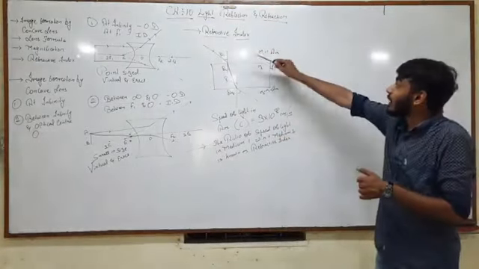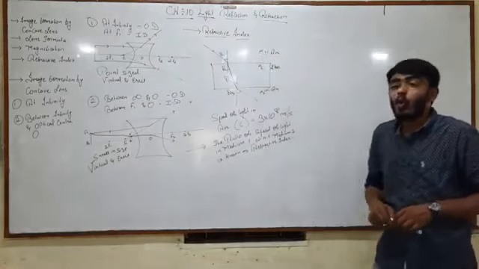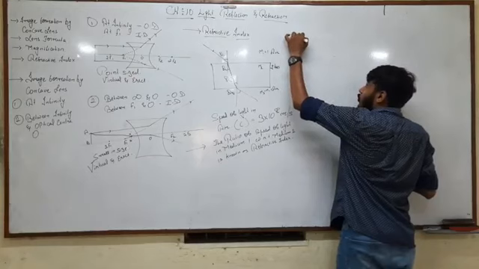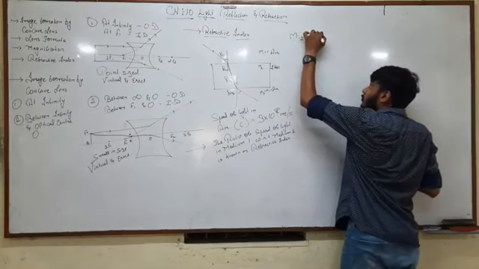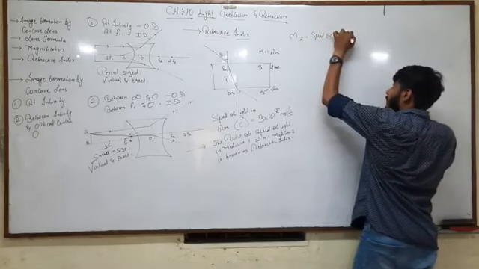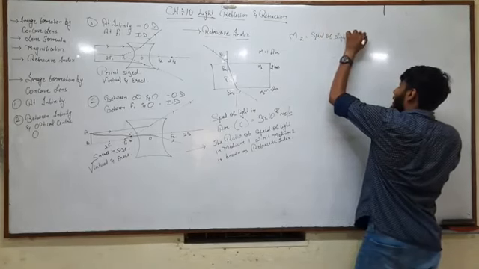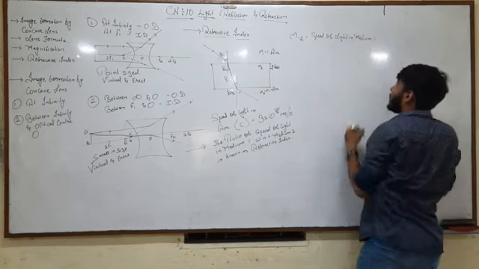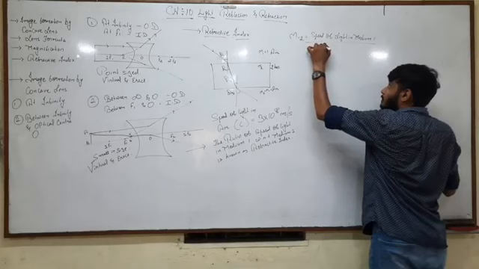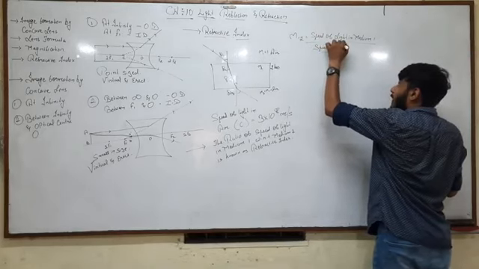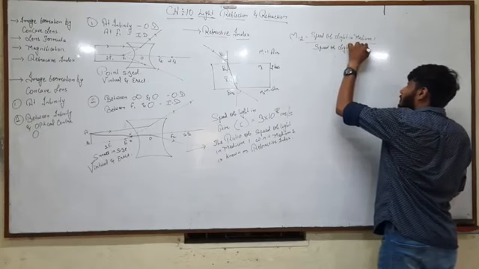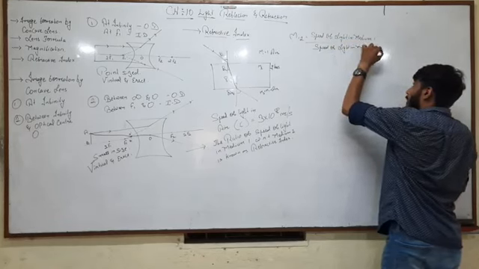So whenever the light is passing from N1 to N2, what will we write? The formula will be N12 is equal to speed of light in medium 1 upon speed of light in medium 2.